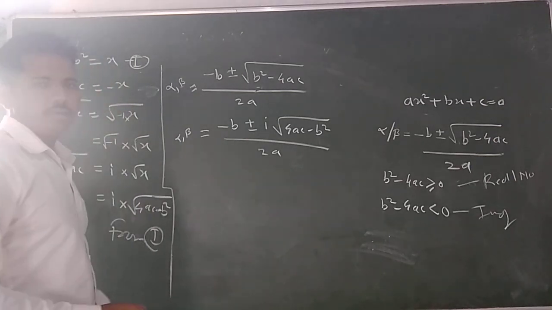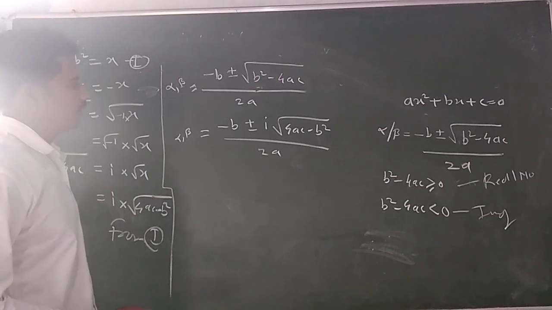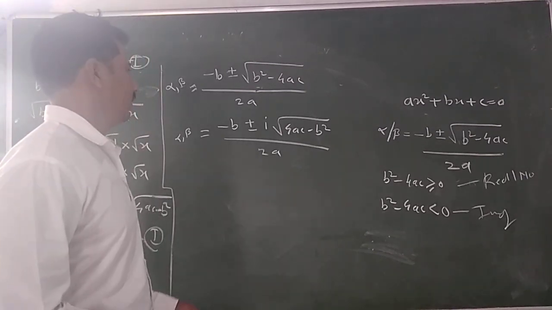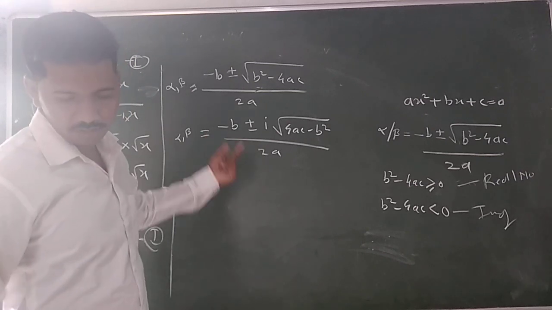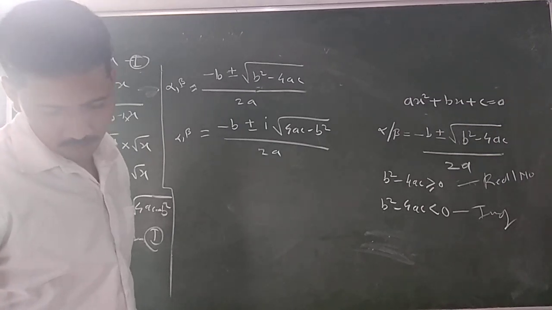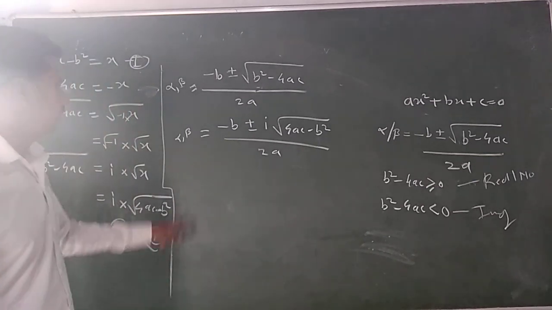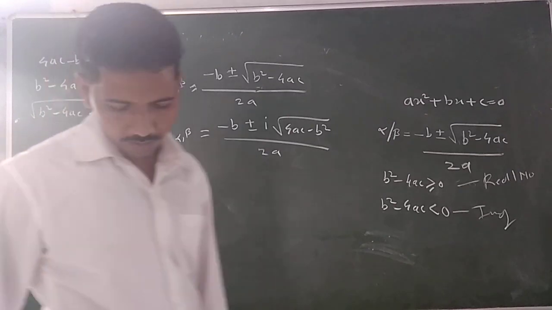If you are given a quadratic equation whose roots are imaginary, then we use this formula. Remember, we have to use this formula. If you take the plus sign, we call it alpha, and if you take the minus sign, we call it beta.